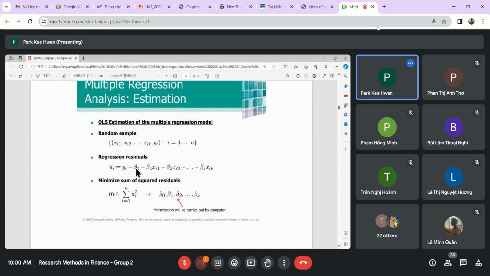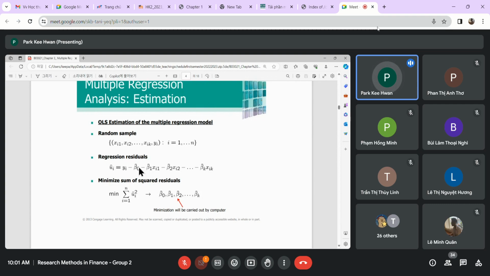The parameter with a hat, that is the estimate. That is not the true value, that is the estimated value. So suppose that you run the regression and you estimate these parameters, including the intercept and the slope parameters.